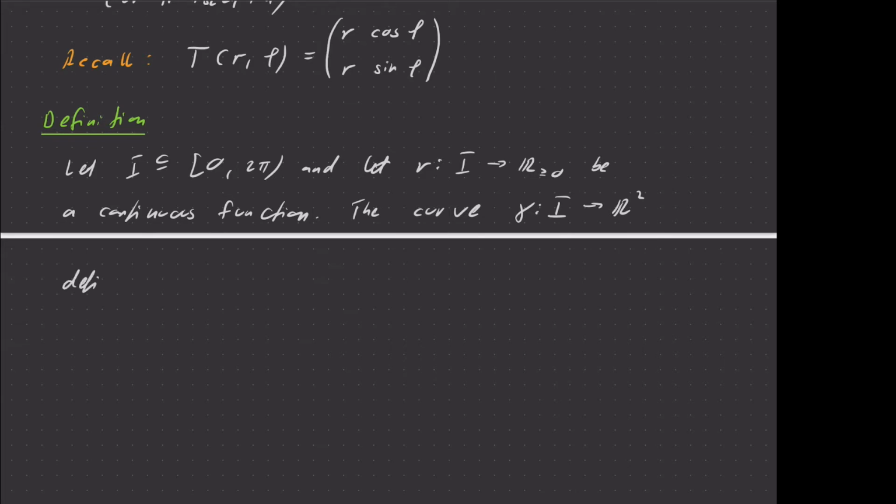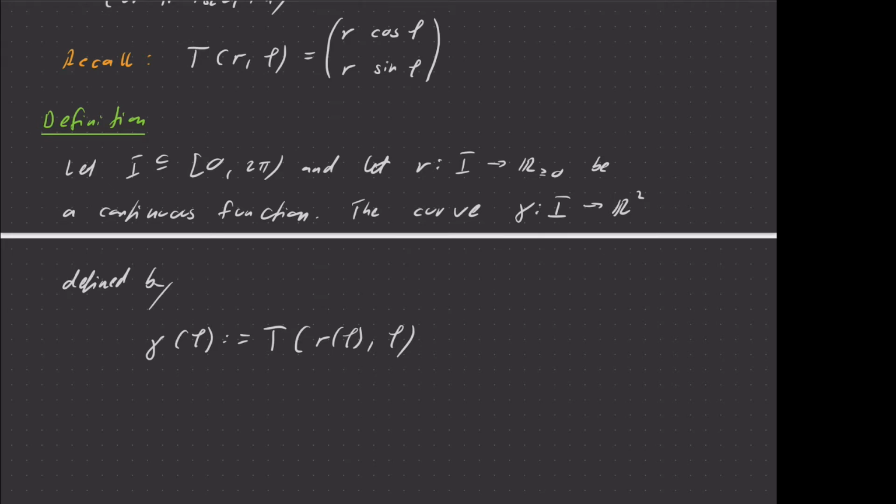And that curve is defined by gamma of an angle phi is the point in Cartesian coordinates that you get by applying this transformation from polar to Cartesian coordinates to the point given as r of phi and phi.